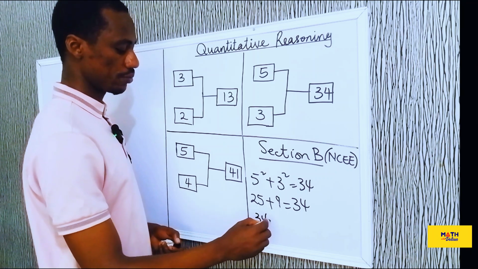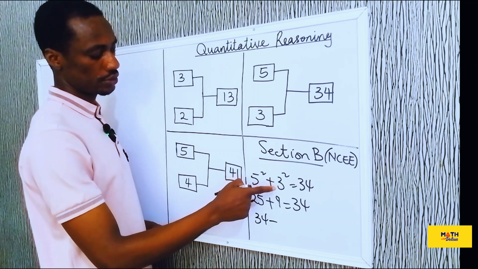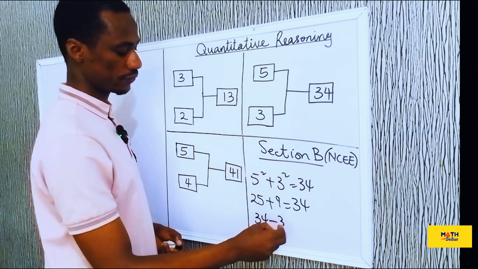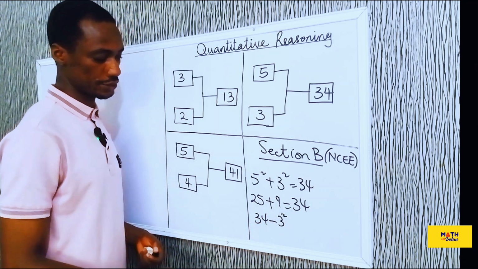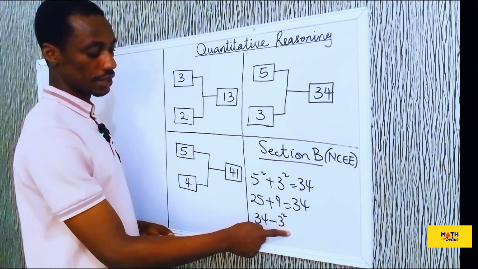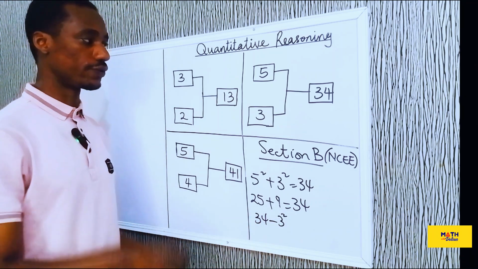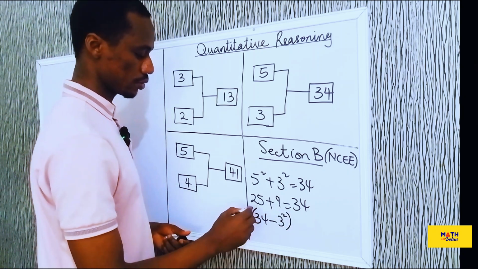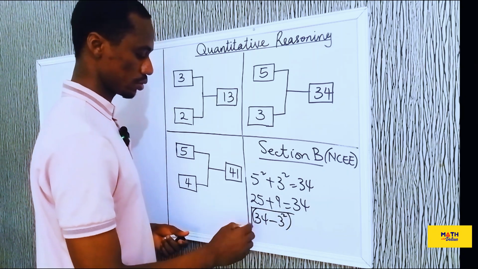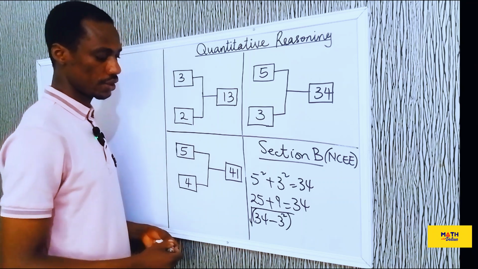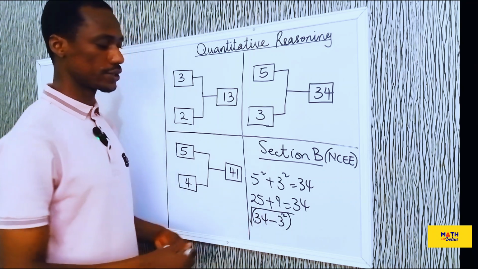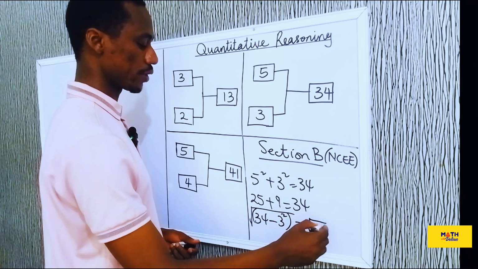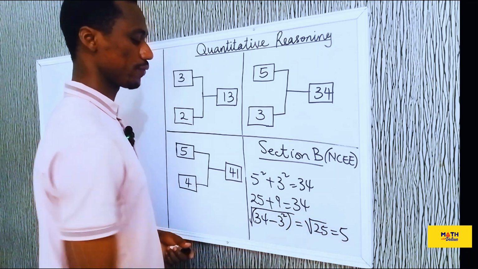34 minus, let's say we're looking for 5, the square of 3, and that's 9. So 34 minus 9 will give us 25. Then we'll take the square root of that. So 34 minus 9 is 25, which will now be the square root of 25, and that will be 5.